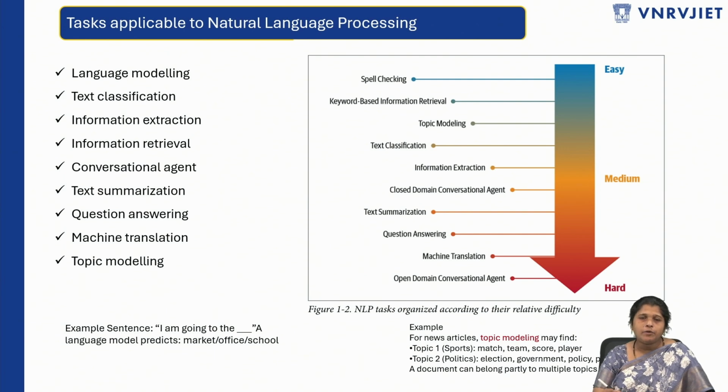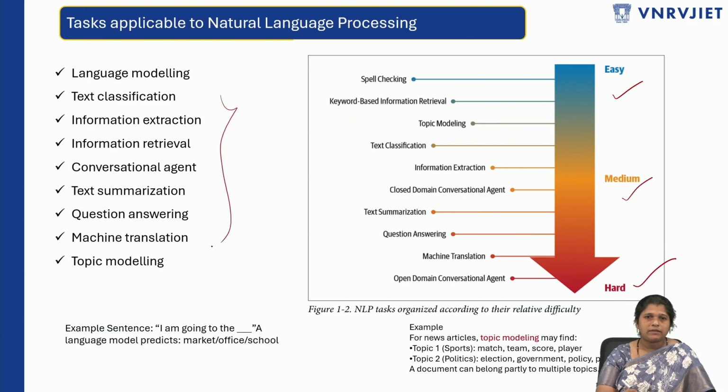Coming to the achievement of tasks, we have three levels: easy, medium, and hard. These are the sub-tasks we want to achieve with the core applications, general applications, and industry-oriented applications. The tasks include spell checking, keyword-based information retrieval, and topic modeling, where we determine what topic a particular text belongs to.